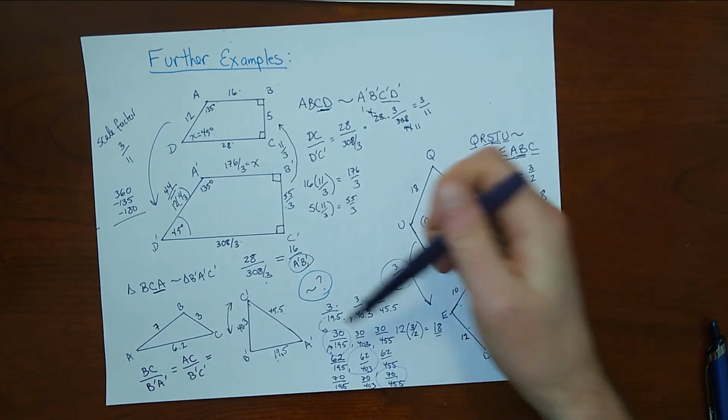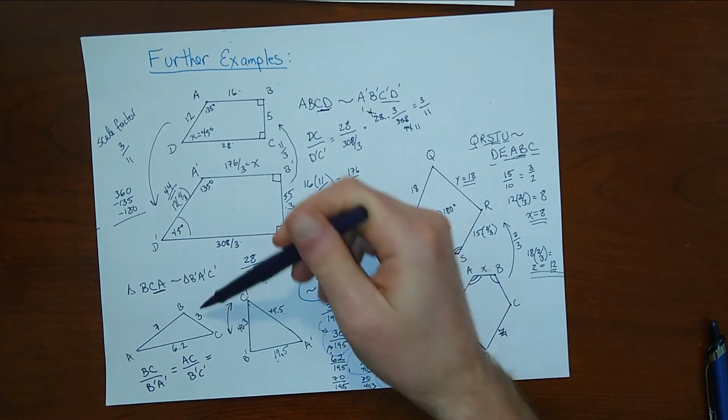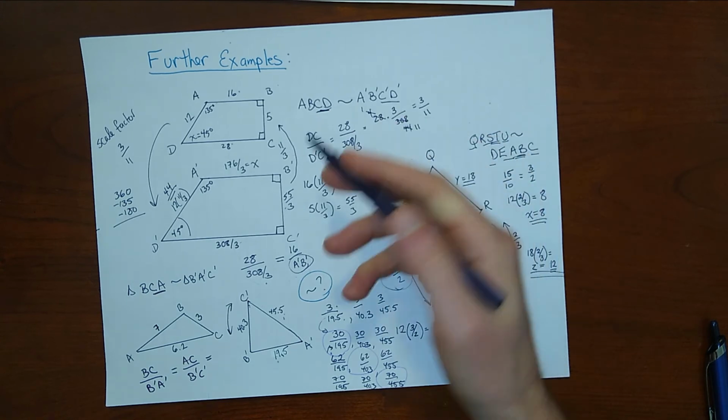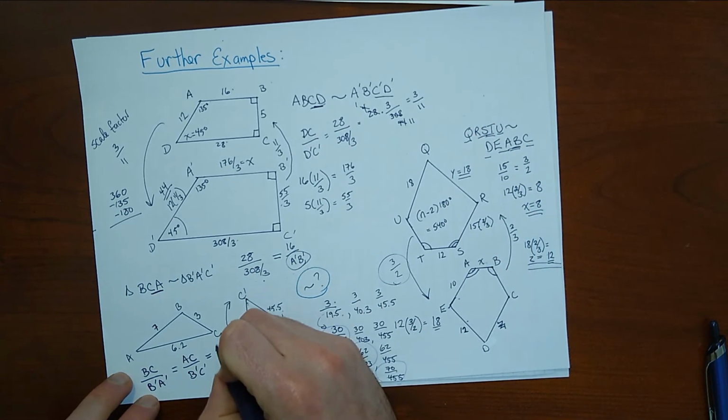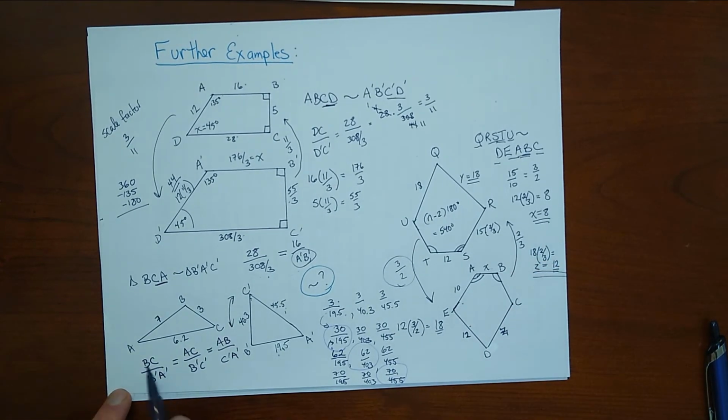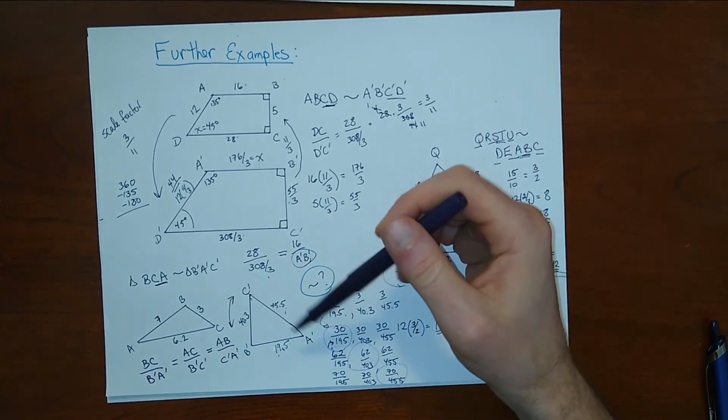And then finally 70 over 455, that was AB to A prime C prime or C prime A prime. Okay, so now it's just a question of figuring out what order the correspondence is in.